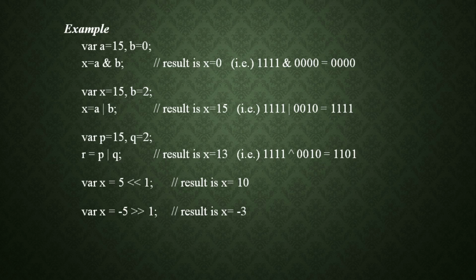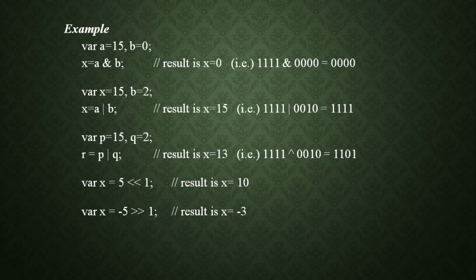Examples for bitwise operators. A value is 15 and B value is 0. Here these bitwise operators evaluate a bit value entirely in zeros and ones format. The value of 15 is 1, 1, 1, 1 and 0 value is 0, 0, 0, 0.